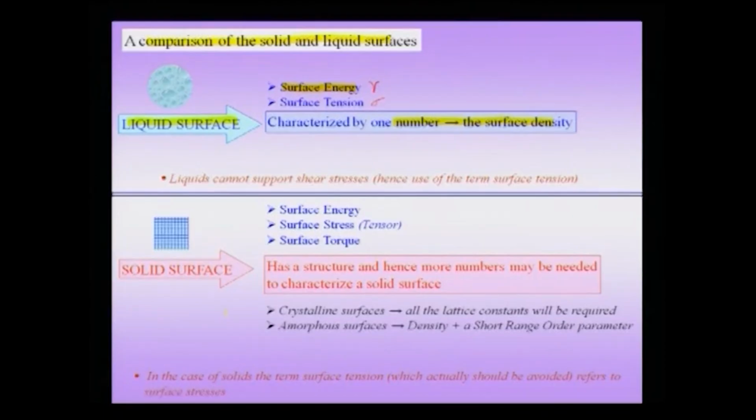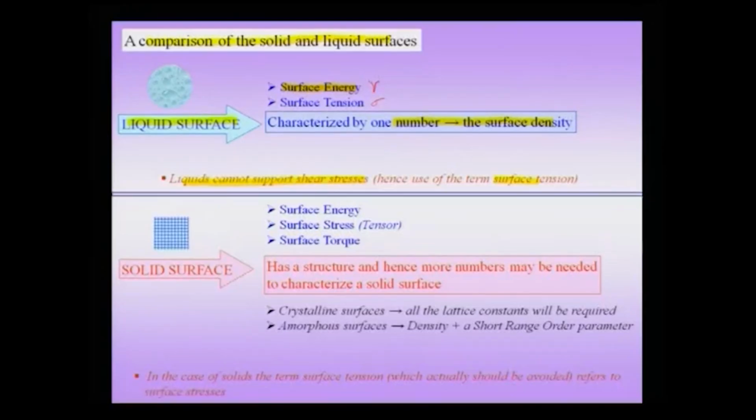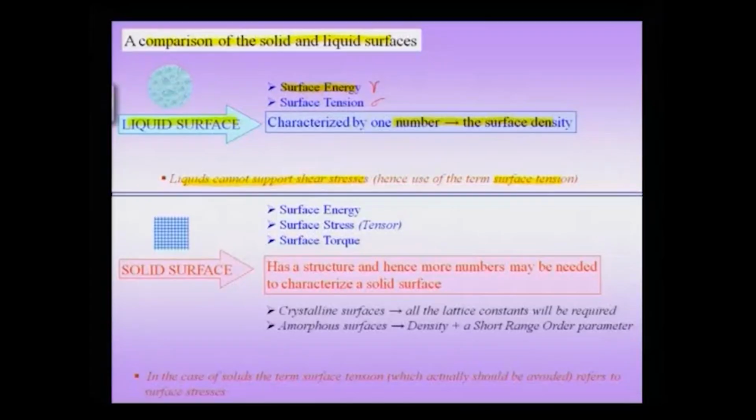This ease is coming from the fact that liquid surfaces cannot support shear stresses. Suppose I apply shear on a surface, then the material will flow, and therefore liquids cannot support shear stresses. So, therefore, we have a term like surface tension. Now, I want to compare this liquid surface with the surface of a solid.